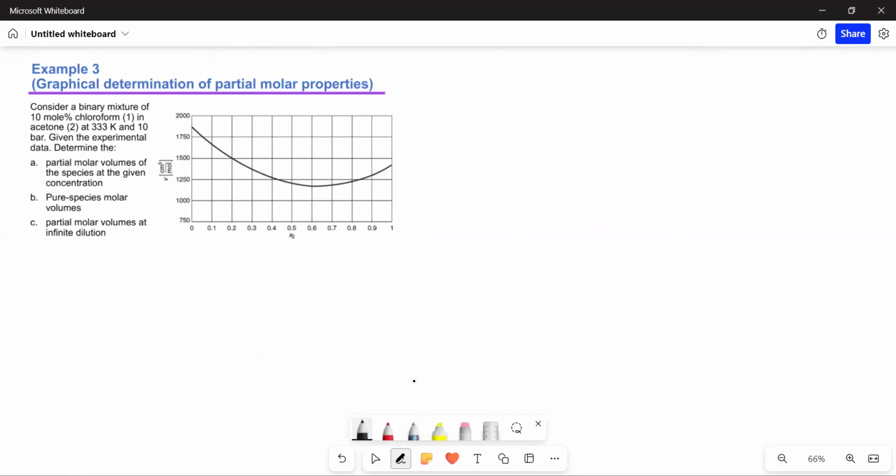All right, let's begin by writing the given. We're given a binary mixture of chloroform, which is species 1, and acetone, which is species 2, where chloroform is 10 mole percent.